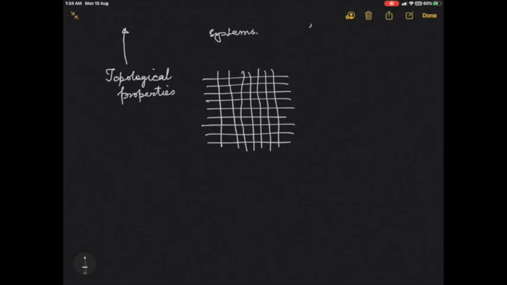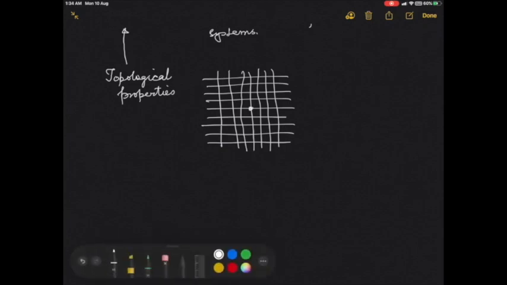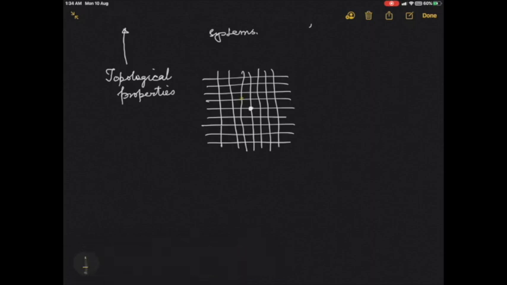Okay. And let us choose a point, and let us identify the points which are in the neighborhood of this point. Neighborhood means it's near to this point. So I consider this line and this line, which are near to this point.